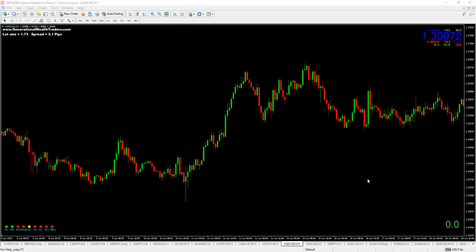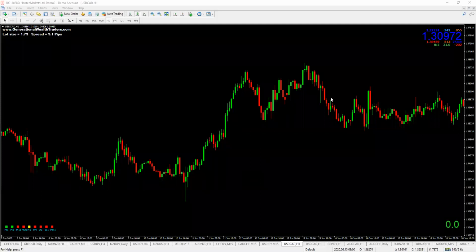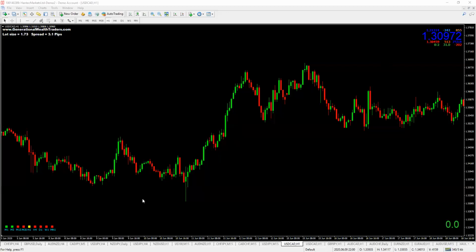I am going to be going over soon how to trade some of our signals, the Supremo signals. And I'm going to be showing you that soon. That's why it's all important you know how to identify support and resistance.